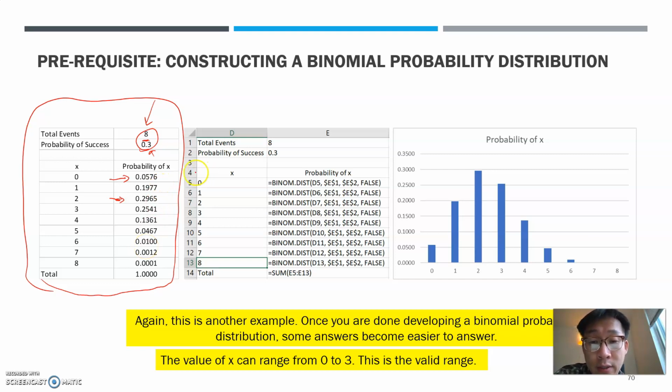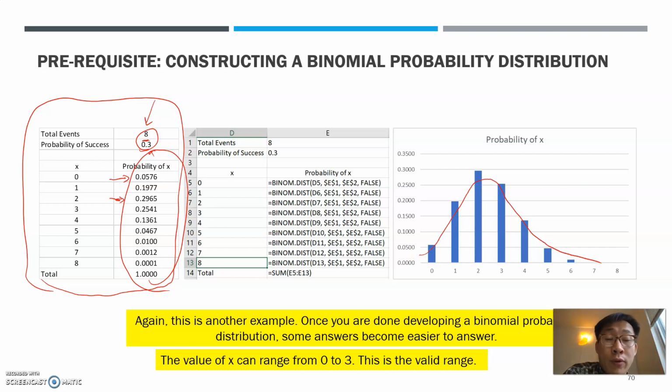This is again the Excel solution. Look at the Excel solution closely, and once you have this, you can easily develop a histogram based on it. Of course, it resembles a normal curve again.